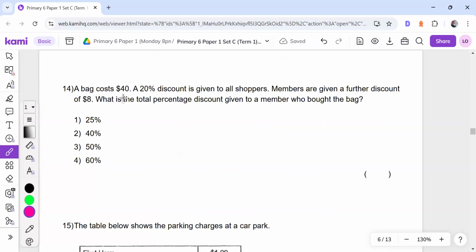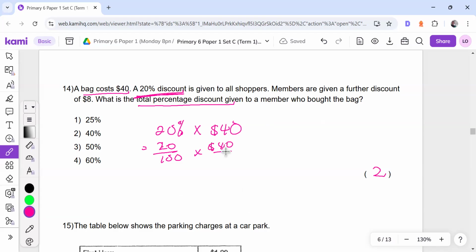Let's quickly move on. What is the total percentage discount? Your answer is number 2. All right, now, why did you make a mistake? Number 1, because maybe you don't know how to find the discount. There is a 20% discount on the bag. So can you find how much is the 20% discount? 20% times the original price. Change the percentage to a fraction, and then you multiply by 40 and cancel.